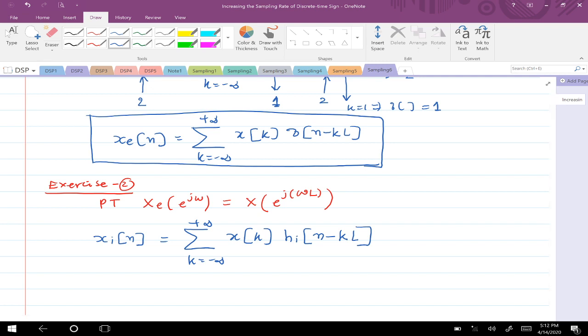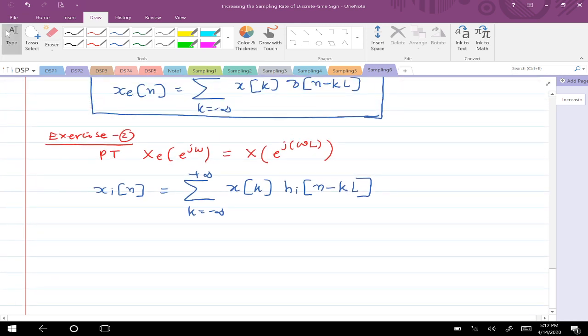Now it's time to compute what exactly is Hi of n. We know its frequency response, that being a low pass filter. So you need to compute Hi of n from its frequency response, right? Notice that we are in the discrete time domain. So Hi of e power j omega is continuous and periodic with the periodicity of 2 pi.